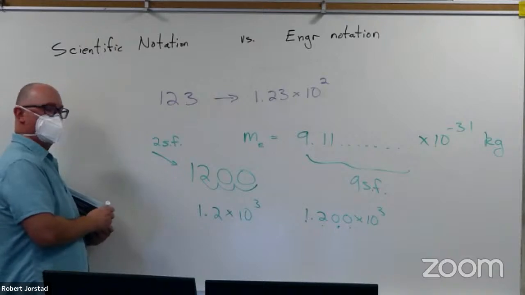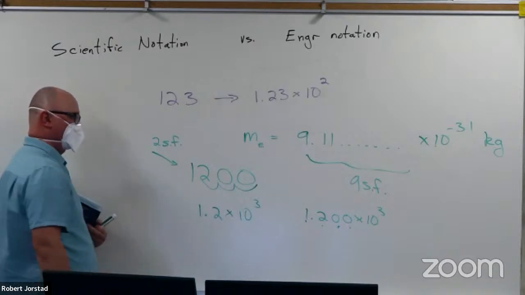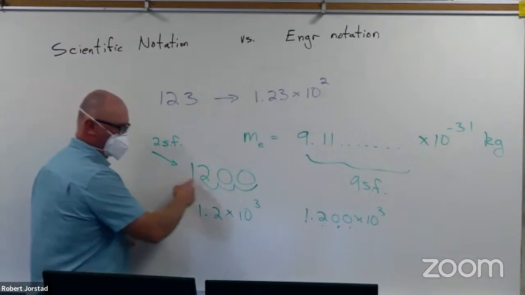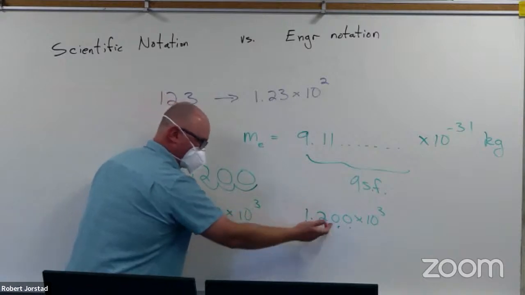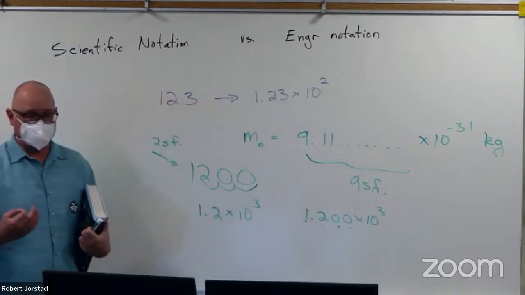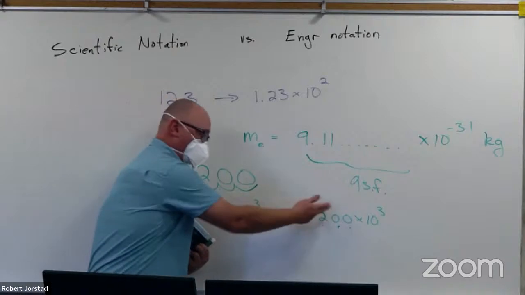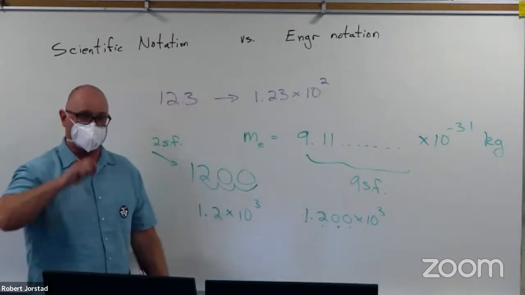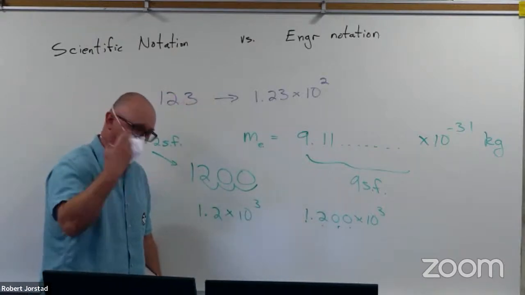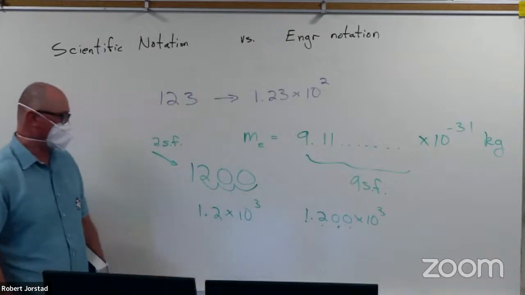This is where you get into trouble with these subtle little things. If you take 1200 and change it over and accidentally include the zeros, suddenly you'd have to know this number to 4 sig figs. If you send that to the machine shop, they're going to bill you twice as much. You just wasted money.